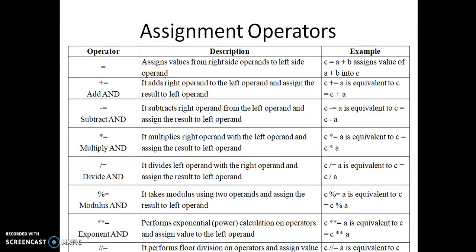The arithmetic operators combined with the assignment operator are plus equals to perform addition plus assignment, minus equals for subtraction, multiplication equals, division equals, mod equals, exponent equals, and floor division equals. These can all be used as shortcut operators.